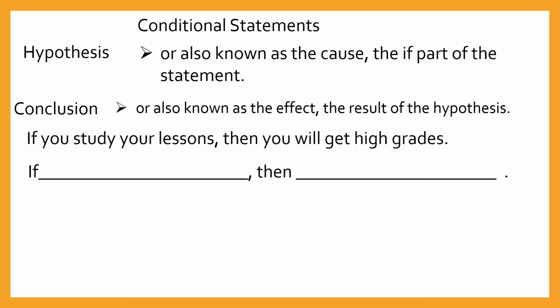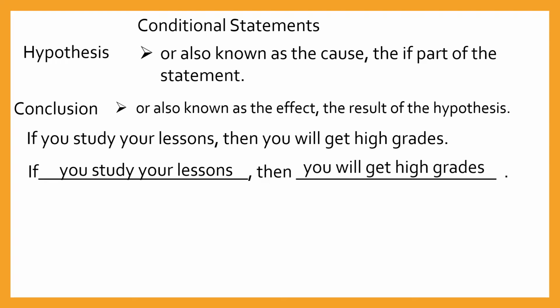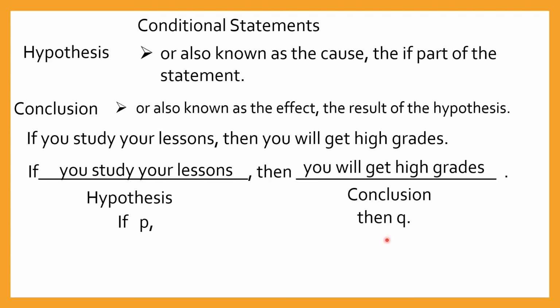So let's go back to the first example. If you study your lessons, then you will get high grades. The first part is the hypothesis, and this is the conclusion. Now, of course, in mathematics, we always symbolize everything, right? So let us symbolize the hypothesis as if P. It means if P, that is, you study your lessons, then Q. Q is you will get high grades.